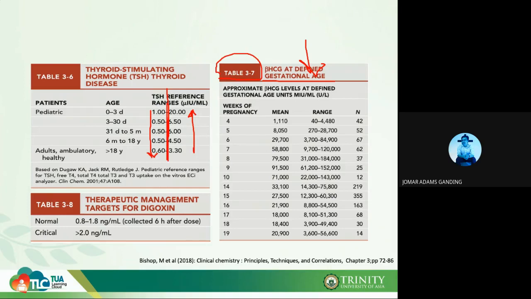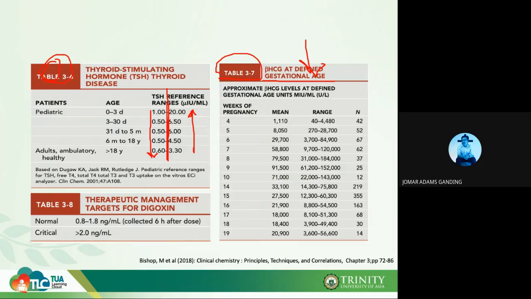So meaning to say, if we're going to apply the mentality that we had here, take for example, I'll take myself as an example. I am a man, I cannot get pregnant. When we measure my beta HCG, obviously, I will not even produce beta HCG in my body.